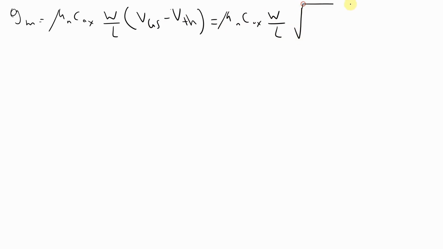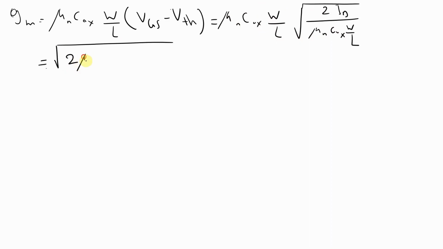It's the square root of 2 times ID divided by mu n C oxide W over L. So this parameter, we can call it, for example, K divided by square root of K. So all we are left with is a square root of K. So the second formula for gm is going to be the square root of 2 mu n C oxide W over L times ID. This is the second formula for gm.